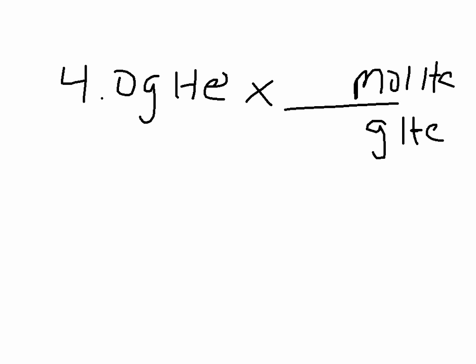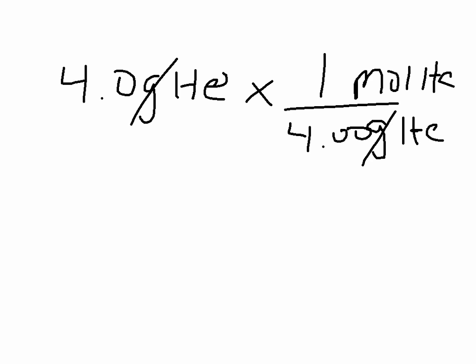So when I do moles of helium versus grams of helium, I can relate those two things, relating the microscopic world to the real world. This is where I would go to the periodic table. I'd look up the molar mass of helium. 1 mole is equal to, by the periodic table, 4.00 grams of helium. Grams cancel, leaving me with moles.